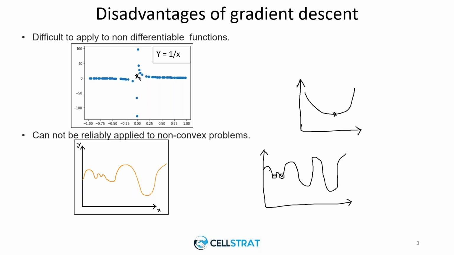Even here, when it starts to compute the gradients, the slope would tend to zero, but this is not your optimum solution, because the error is least somewhere at this other point, right? So it gets stuck in something known as a local minimum and would not reach the global minimum.